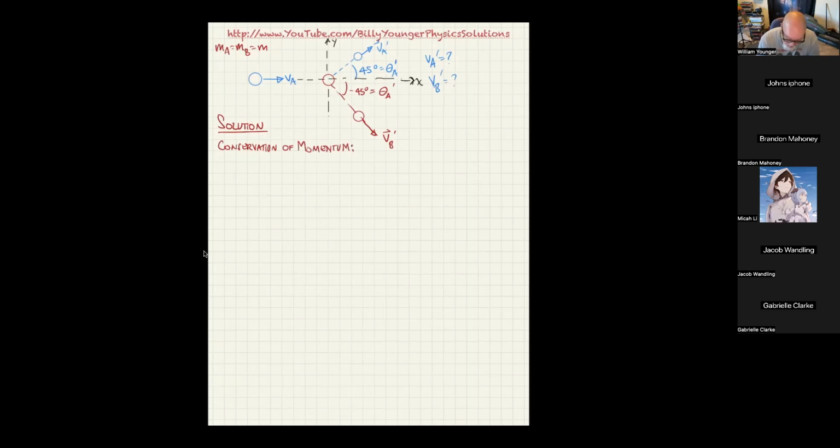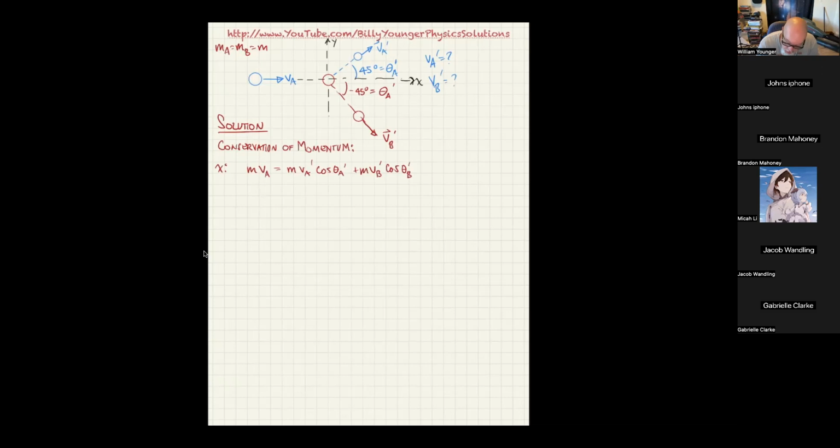So what we would have in general for the x dimension is m times VA is equal to m times VA prime cosine theta A prime plus m times VB prime times cosine theta B prime.